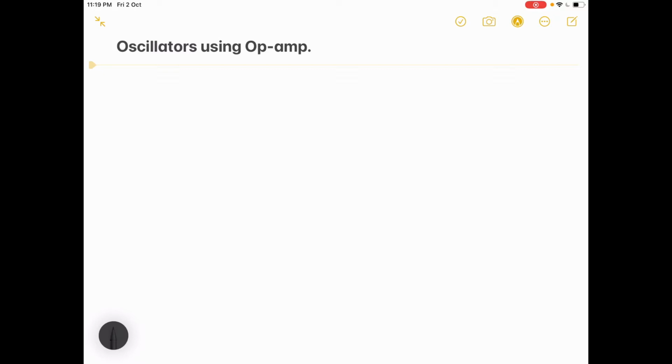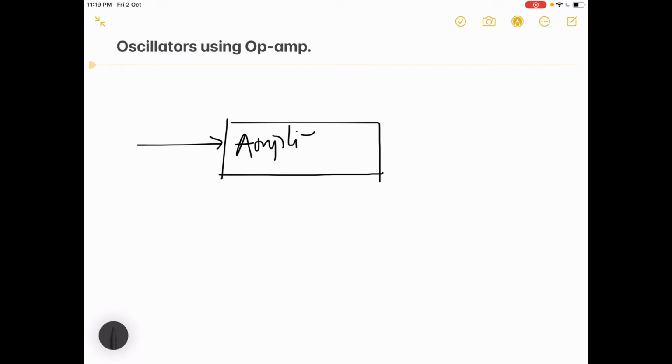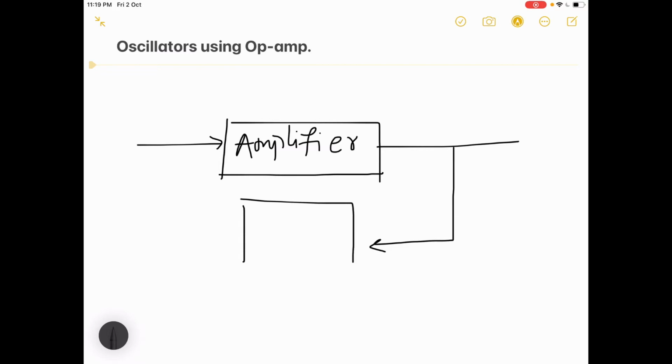So, in the oscillator, the main block diagram contains two main blocks. The first block is the amplifier, and part of that output is given as feedback to the feedback circuit.